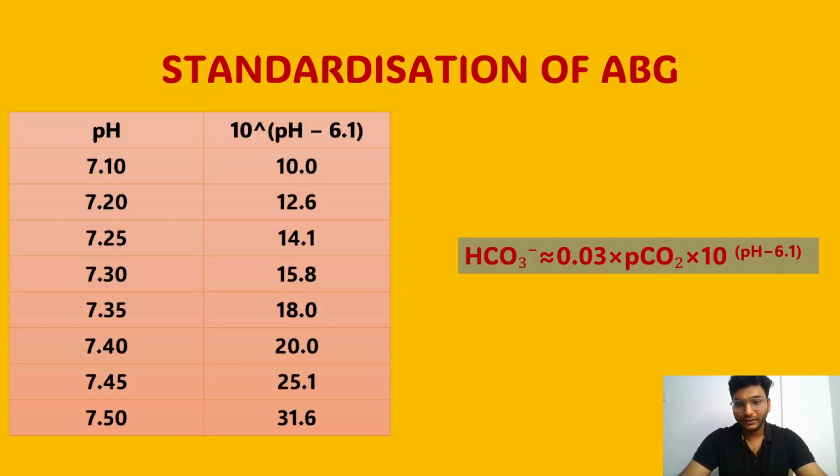The formula is 0.03 times the partial pressure of carbon dioxide times 10 to the power of pH minus 6.1. The values for pH minus 6.1 for each pH have been given. If you want, you can calculate using this formula, or you can calculate the bicarbonate using MDCalc also, right?